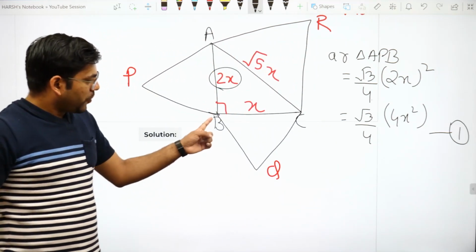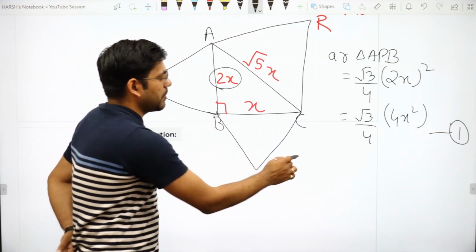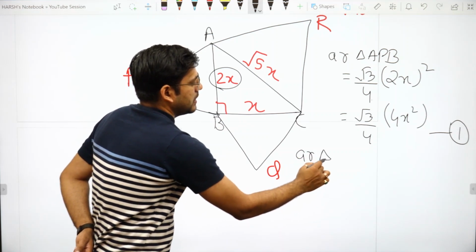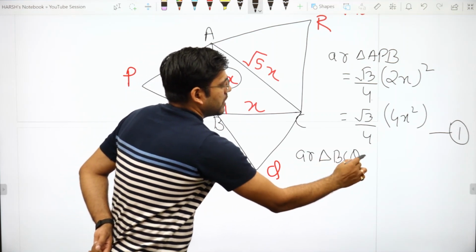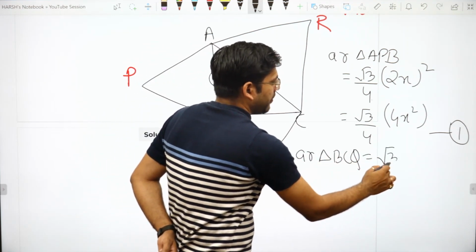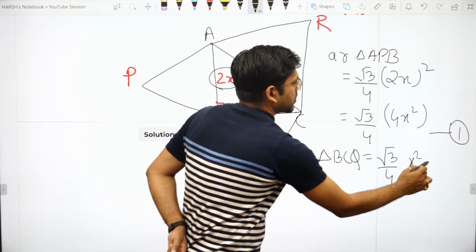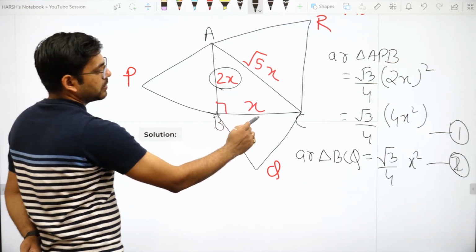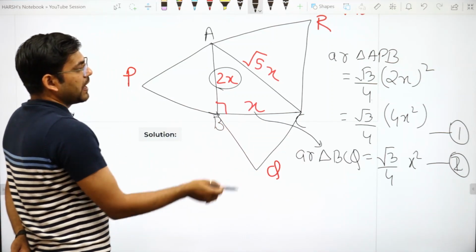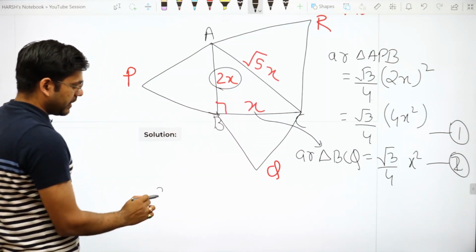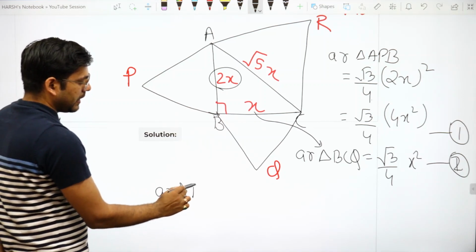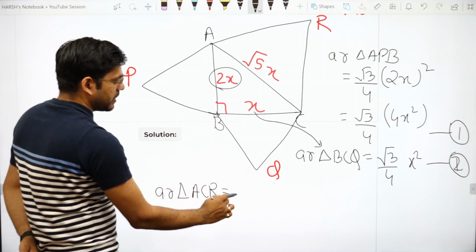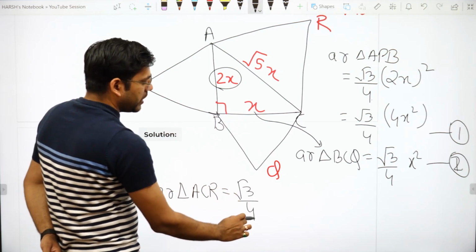Now similarly for BCQ, I am writing here directly area of triangle BCQ is nothing but root 3 by 4 into x square. Why am I writing this? Because x is the side for BCQ. And for ACR I am writing here area of triangle ACR is equal to root 3 by 4 into side square.